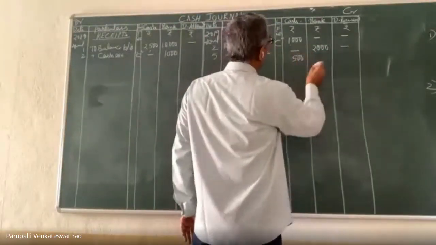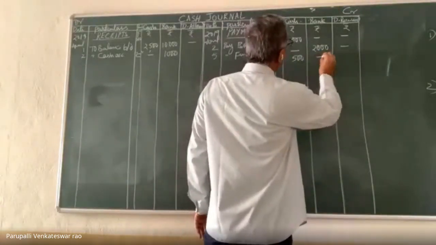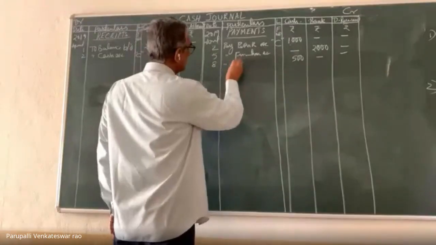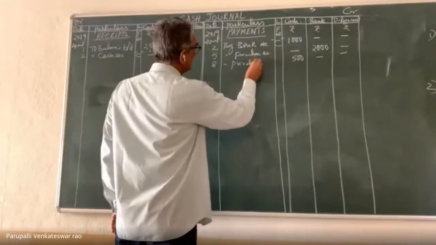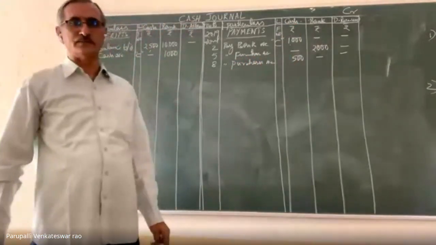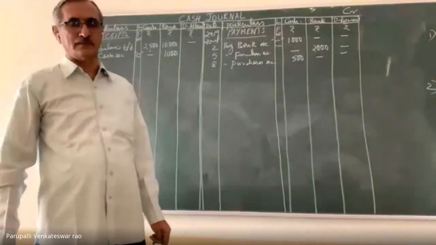Bank dash, discount dash. It happened on what day? 8th. By purchases account 500. It is over. Next one.